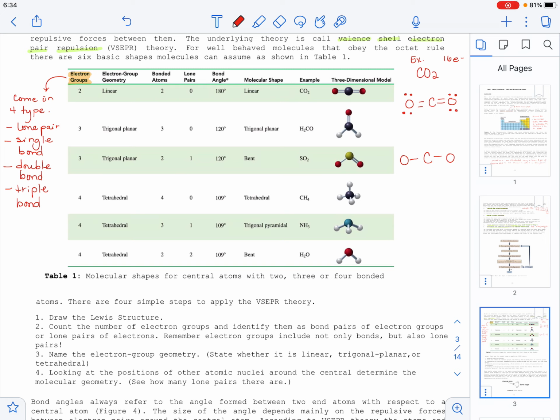Then I understand that this already took care of 4 electrons: 2 electrons here and 2 electrons here. Taking that into consideration, I'm going to subtract 4 electrons from 16, and I have 12 electrons left. At this time, I'm going to place the remaining electrons on the outside atoms first, because each oxygen is sharing 2 electrons with the carbon, so each of them is going to get 6 dots.